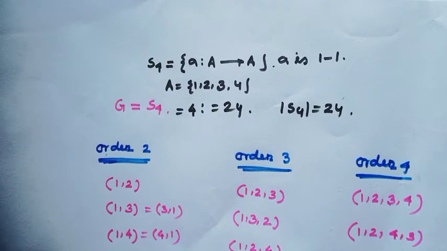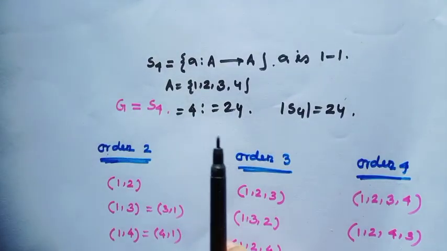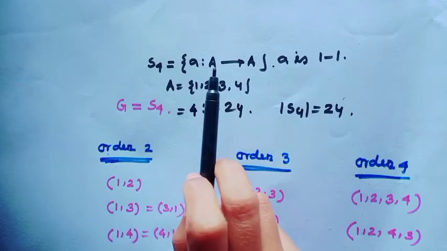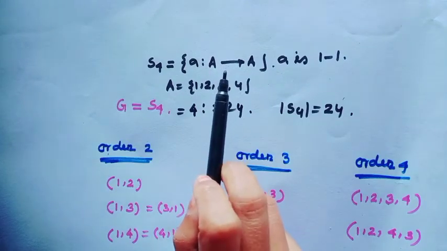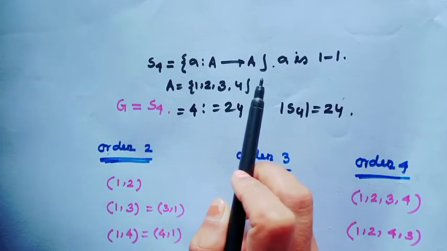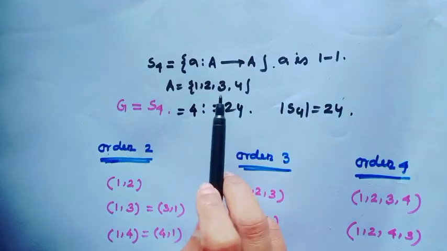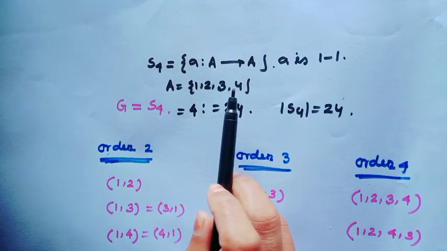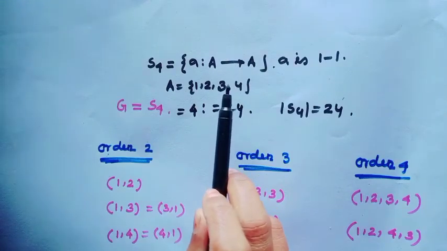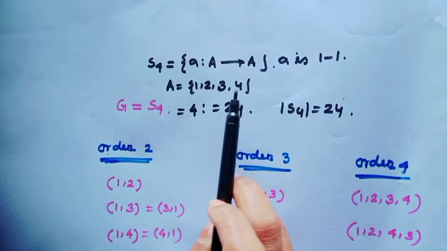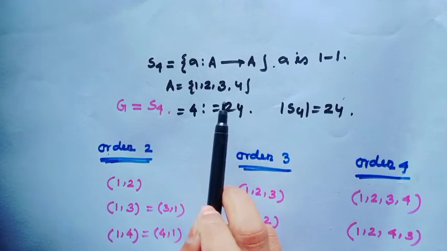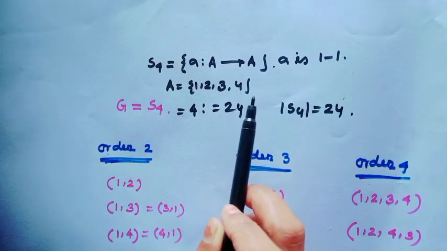S4 is the group of all permutations of the set of 4 elements 1, 2, 3, 4. Okay? And this is actually the set of all bijective mappings from A to itself, where A contains the elements 1, 2, 3, 4.